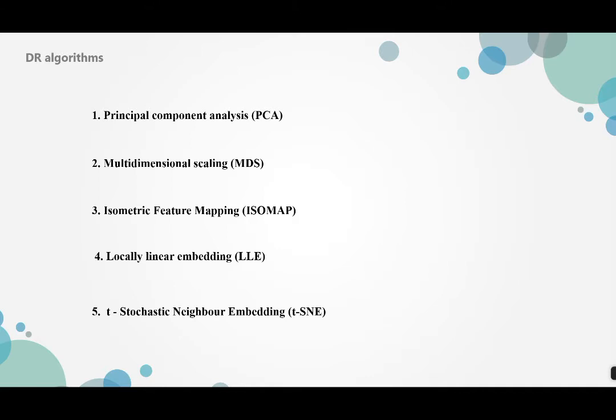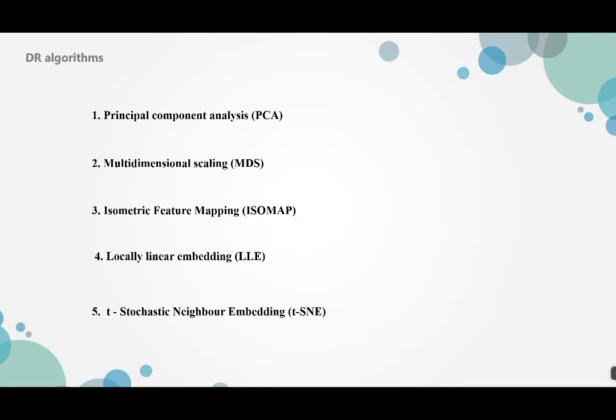A useful method is to apply different kinds of algorithms and evaluate their performance together with the metrics respectively. We choose 6 main algorithms to process our dataset, including the linear algorithm PCA and the nonlinear algorithms MDS, LLE, ISOMAP, and t-SNE.